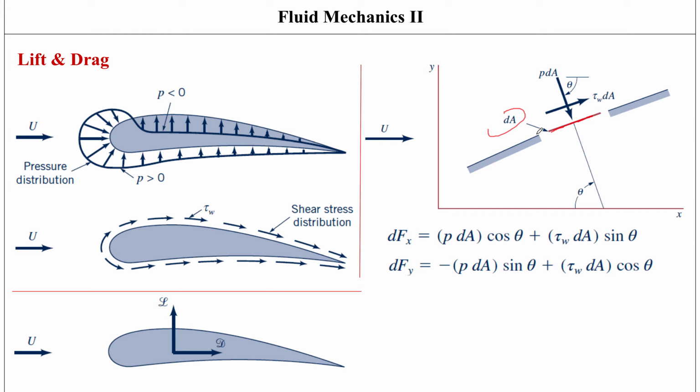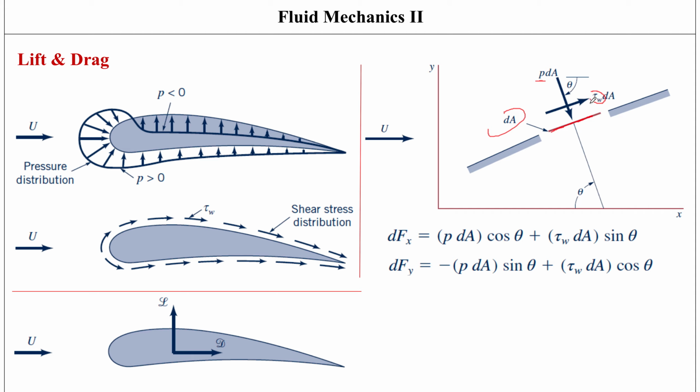And if I was to find out the resultant of the shear stress and pressure distribution here, then obviously the pressure force is going to be a normal stress, so it's being applied onto the body, whereas tau W is the shear force, so it's going to be basically along the body, right?